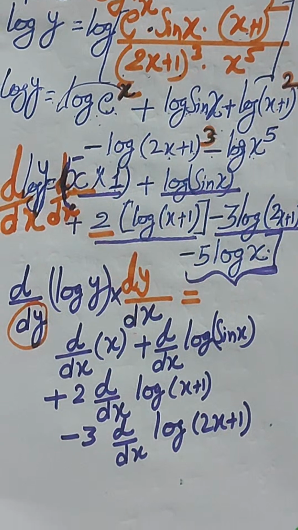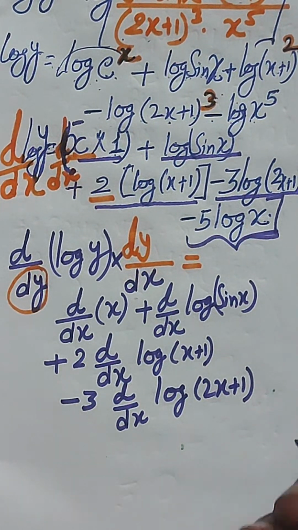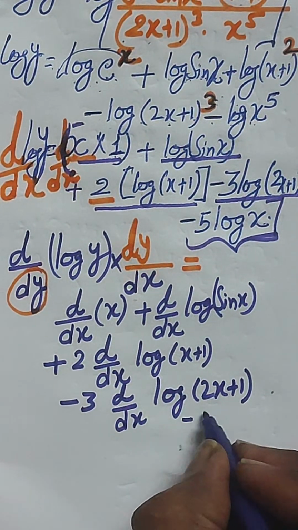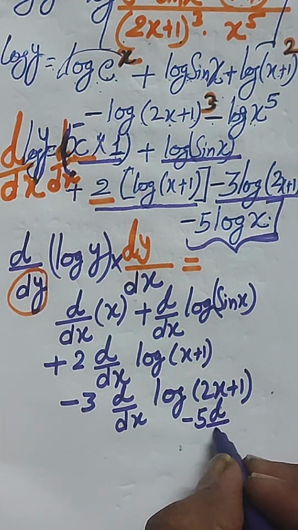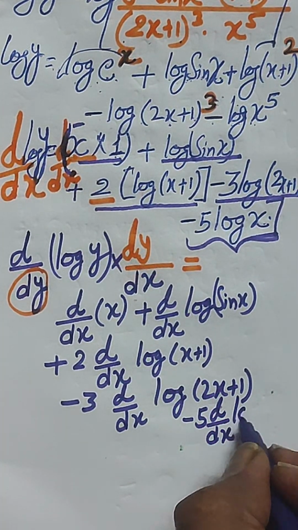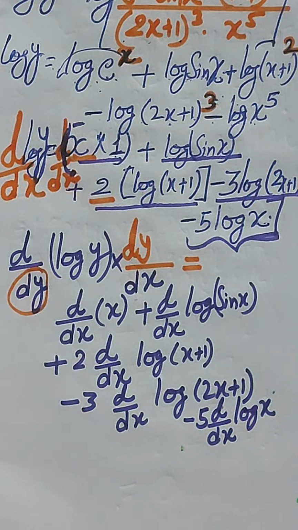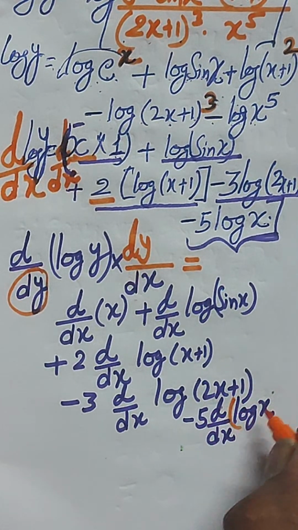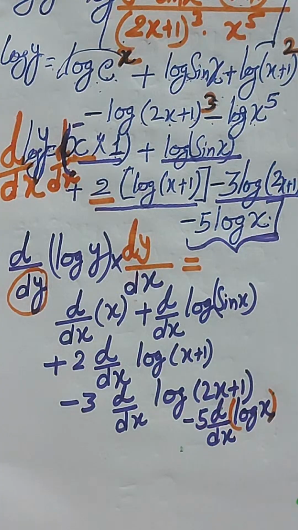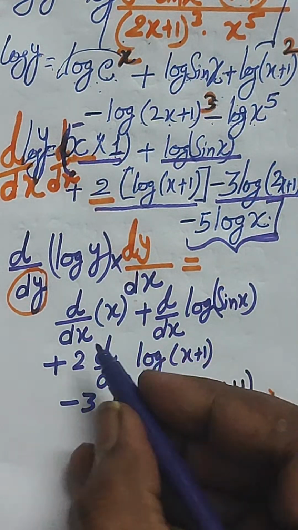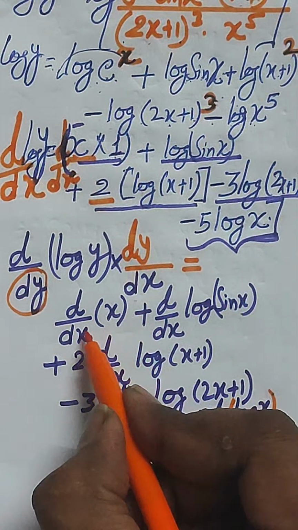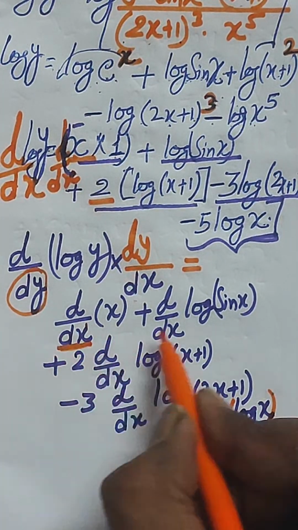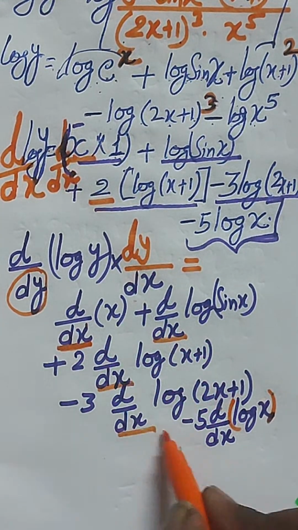So what we will do, we will just write minus 5 times d by dx of log x. So you can see all these functions need to be differentiated, but all these need to be differentiated with respect to x. You can see dx, dx, dx, dx, dx.